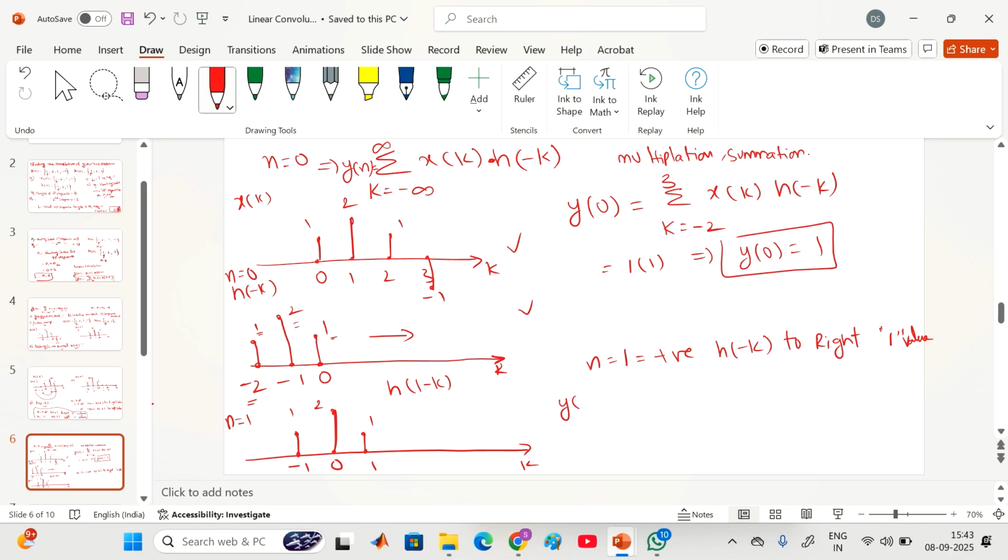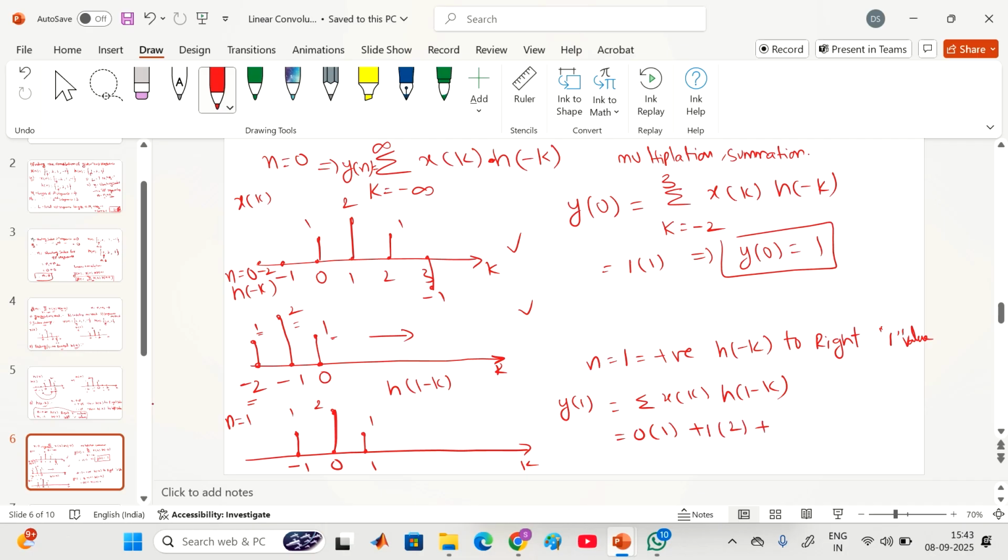Now to get the value at y of 1, that is n equal to 1, y of 1 is equal to, again, x of k multiplied with h of 1 minus k. If I identify the common slots, the value at minus 1 is 0, so 0 into 1 is 0. At k equal to 0, I have 1 and 2, so 1 into 2.